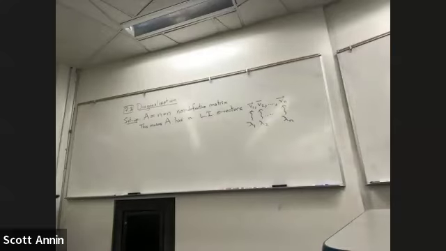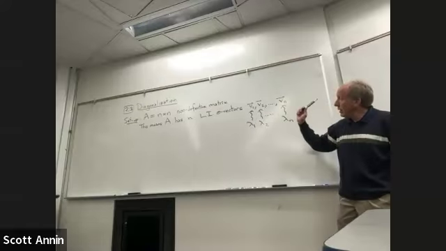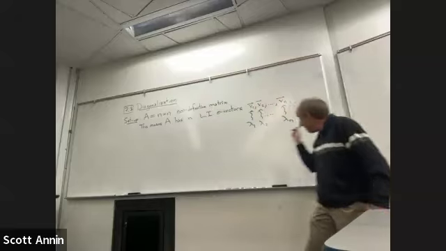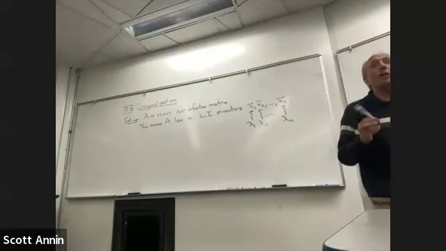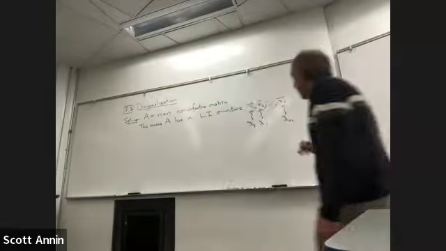Some of these lambdas might be repeated. Remember that it's still possible for a matrix to be non-defective even if some of the eigenvalues are repeated. So that's important to keep in mind.